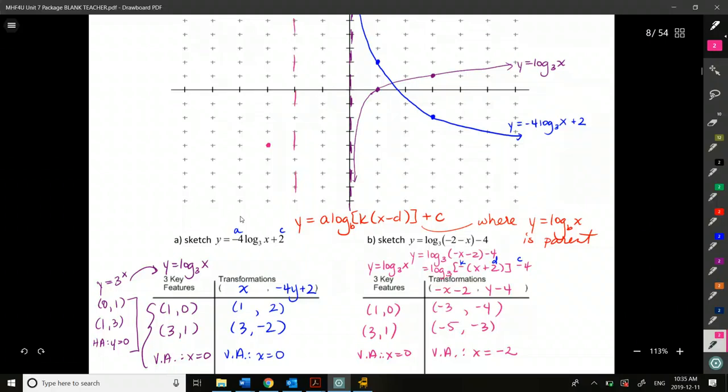Okay, so we have to curve toward the asymptote and around the asymptote here. So you should be curving down toward the asymptote here and then kind of going off this way.